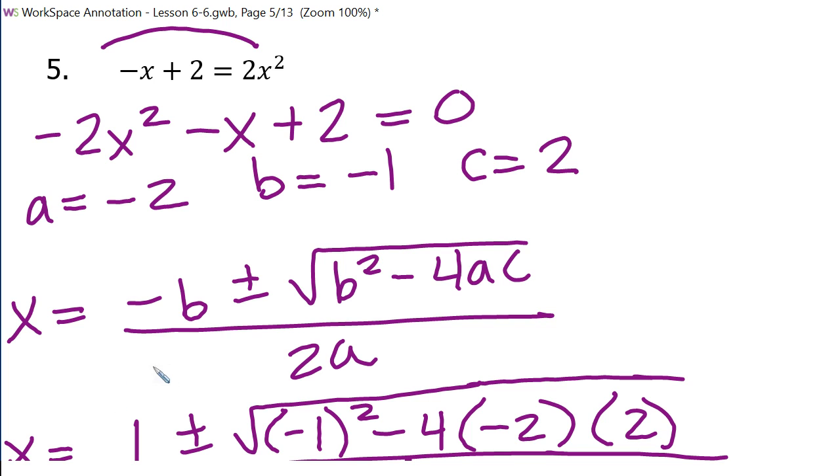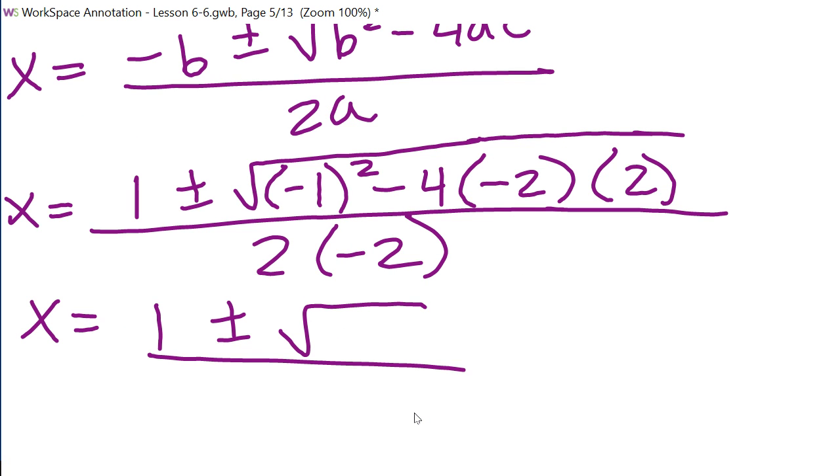Now simplify. I want one number, one number, one number. So in the denominator, what's 2 times -2? -4. Now simplify underneath the radical. It's -1 squared. 1. Now we need to multiply these three. So what's -4 times -2? +8. And what's 8 times 2? +16.